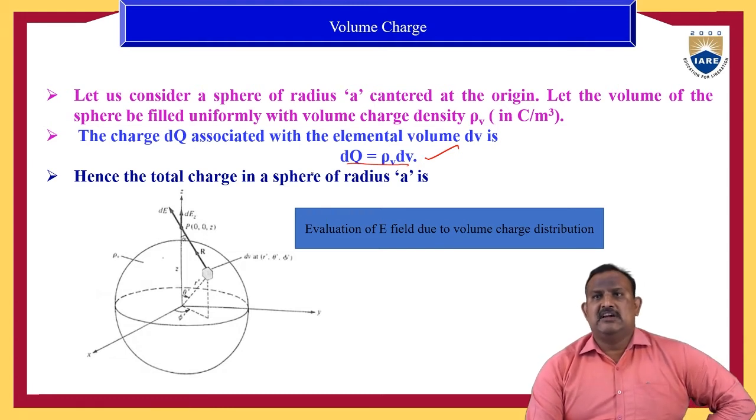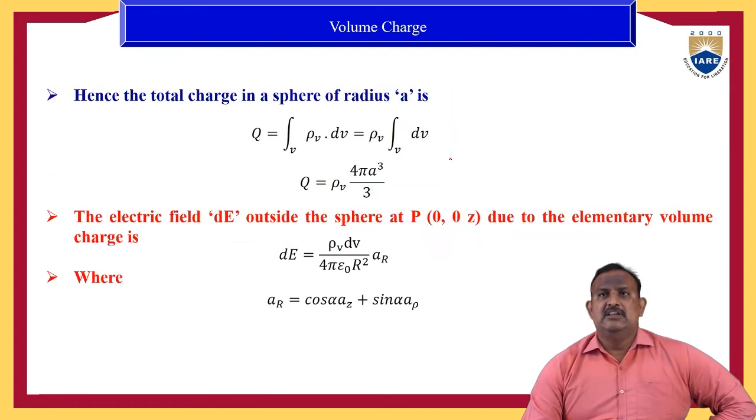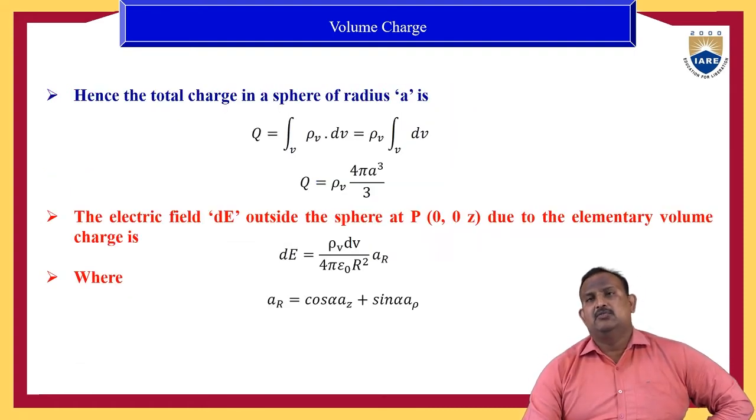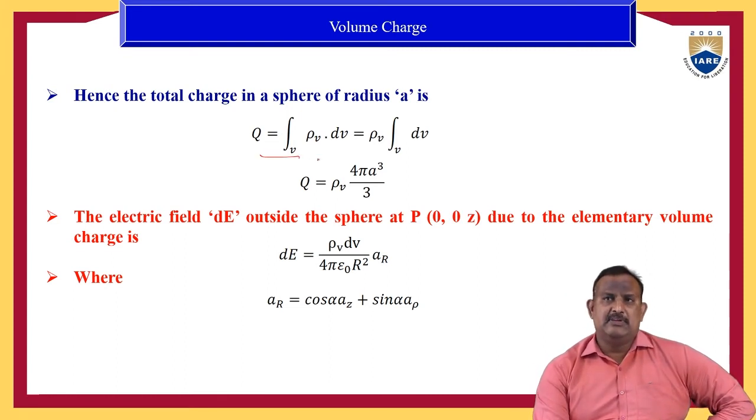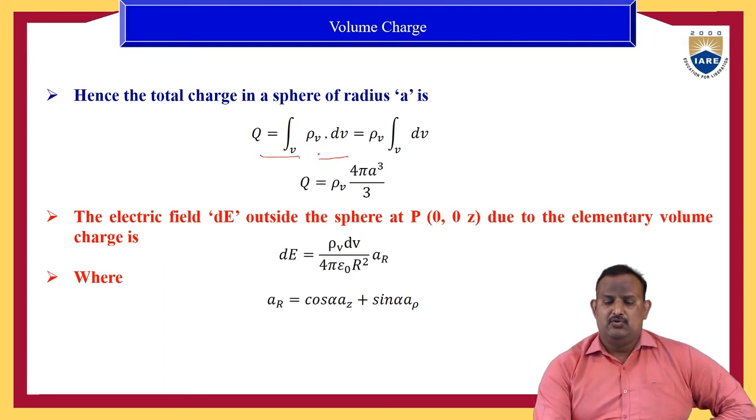Hence the total charge in a sphere of radius a is, Q, the total charge in the sphere. It is the volume integral of rho V into dV.